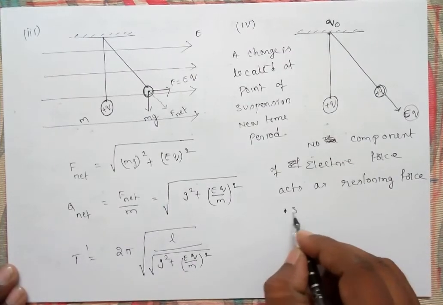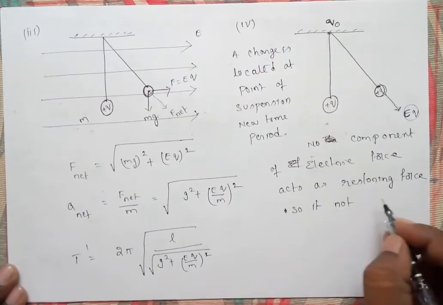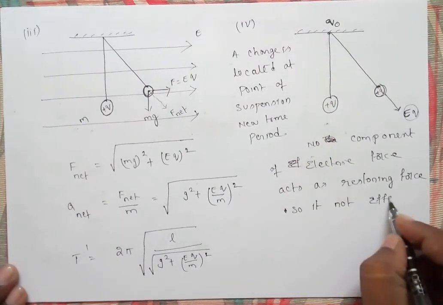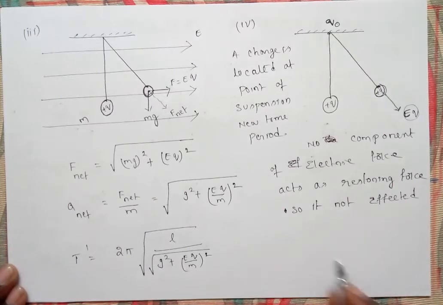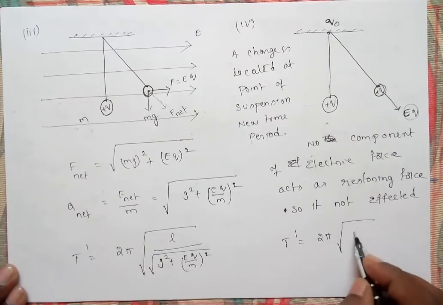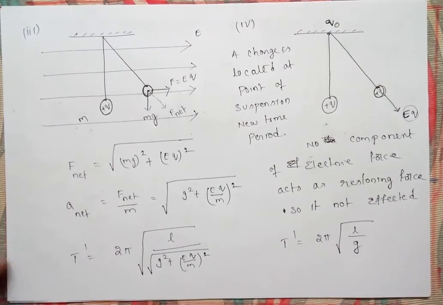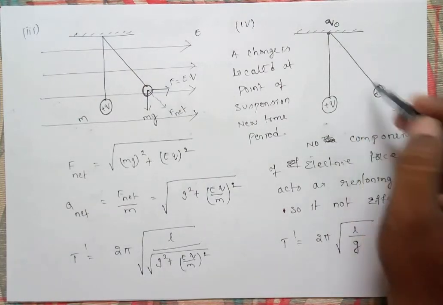So it is not affected. Therefore, the time period will be T dash equal to 2 pi into root over L by g only. Along this direction the tension is there.